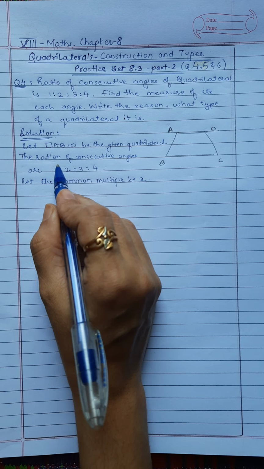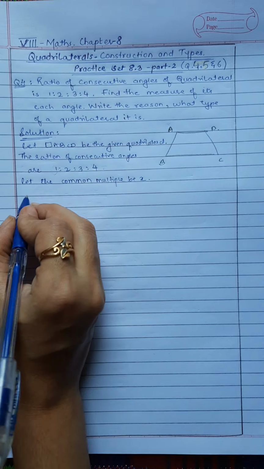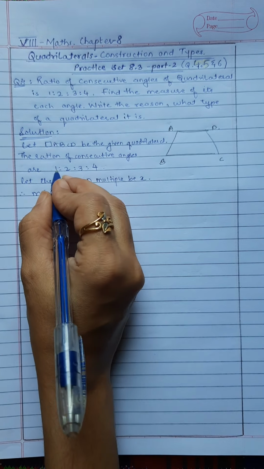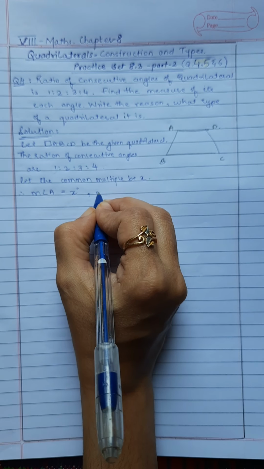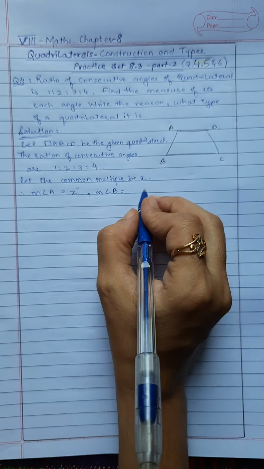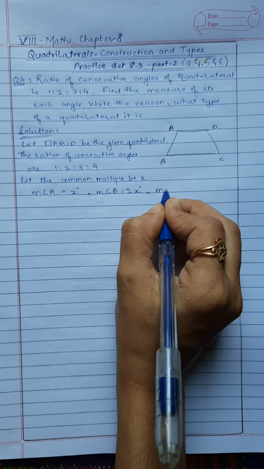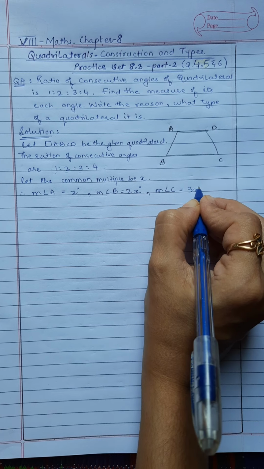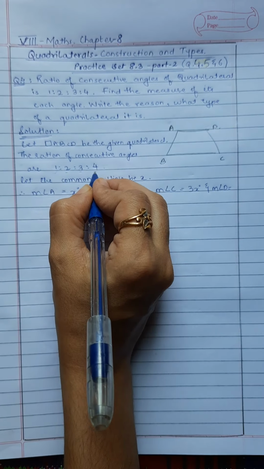Therefore, measure of angle A will be 1x, that is x degree. Measure of angle B is 2x degree. In the same way, measure of angle C is 3x degree and measure of angle D is 4x degree.